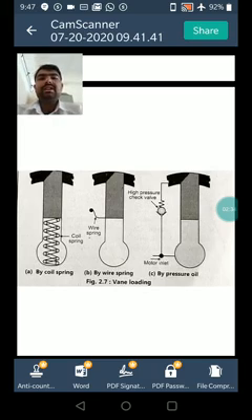Okay, in this there are three diagrams: first is by coil spring, second is by wire spring, and third is by pressure oil. For extended vanes, the common methods used are spring loaded vanes and applying hydraulic pressure to the outer side of the vane.